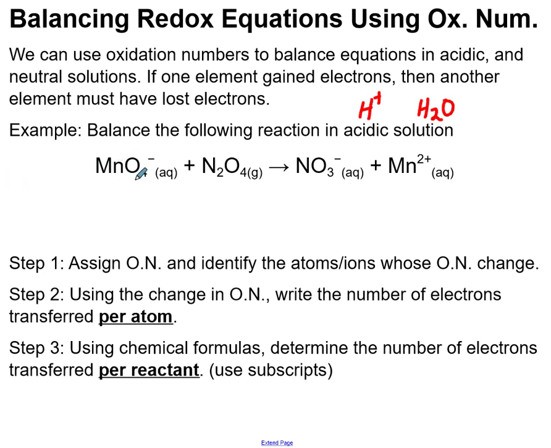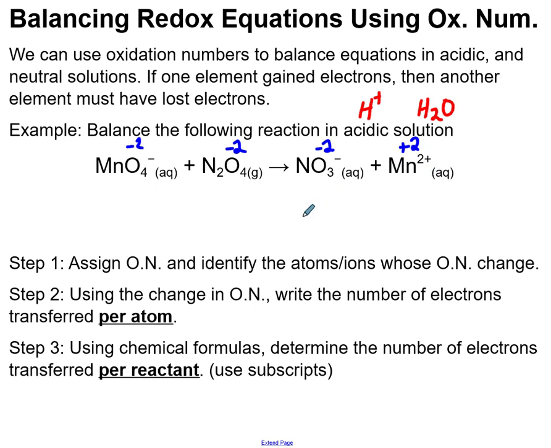When I look at this equation, the easiest thing for me to do is just say oxygen is minus 2, oxygen minus 2, oxygen minus 2. The monoatomic ion is plus 2, just whatever the charge is.